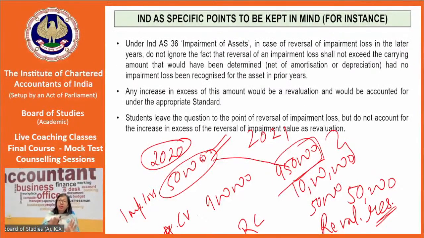But if the question asks what will be the treatment of the property, plant and equipment on this particular date, what value will appear in the financial statements, then you have to show that your asset will be 10 lakh rupees, out of which up to this amount it is reversal of impairment loss and the remaining will be revaluation reserve. So you have to extend your answer further. You cannot restrict it to 9 lakh 50,000 or to reversal of impairment loss. This is to be taken care of. Okay.